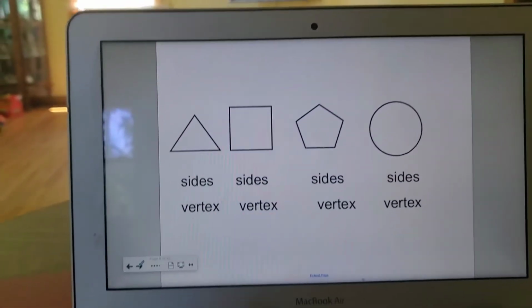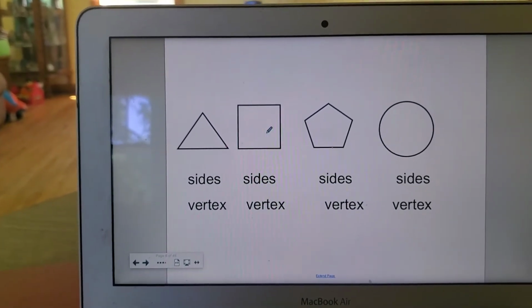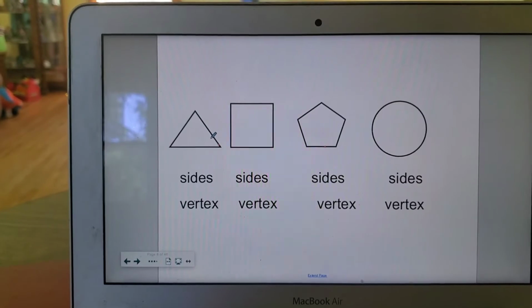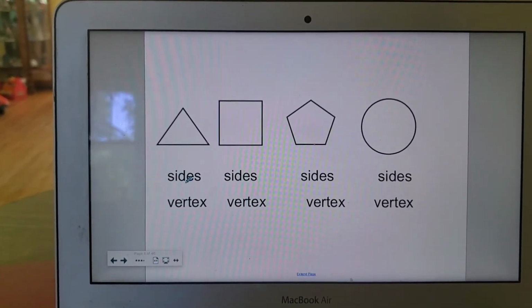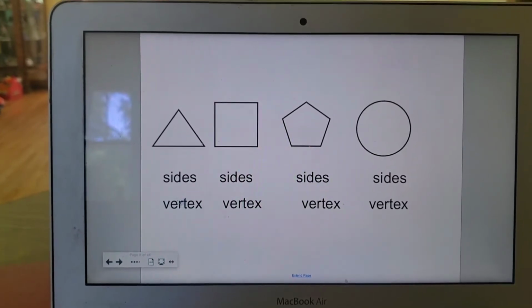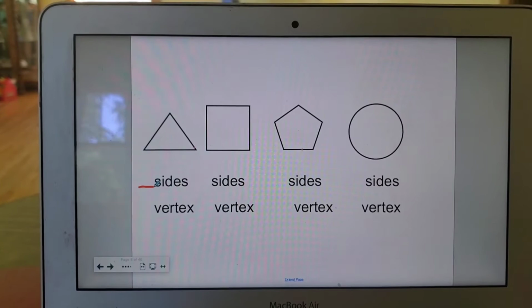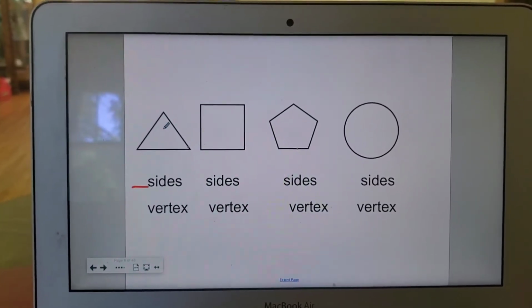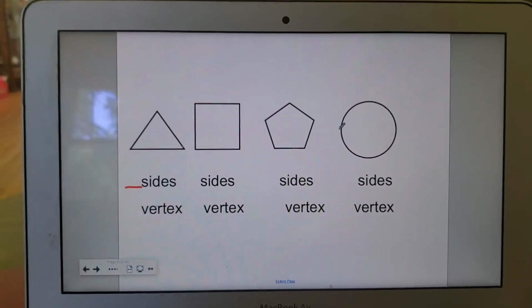So let's look here. I have 4 shapes here, and I would like you to draw on your piece of paper these 4 shapes and write sides and vertex down below. You're gonna write how many sides the triangle has, the square, the pentagon, and the circle.